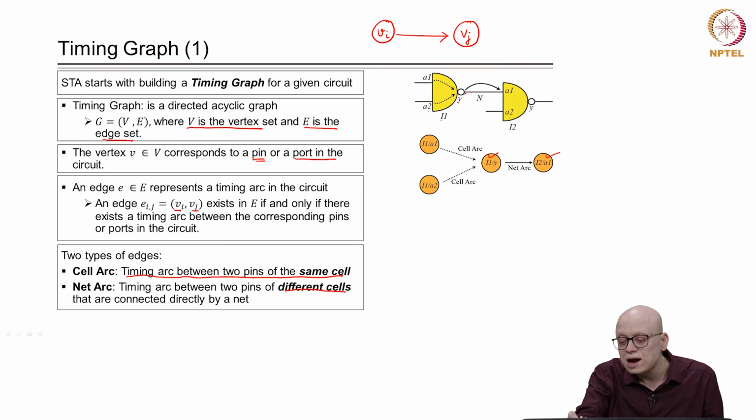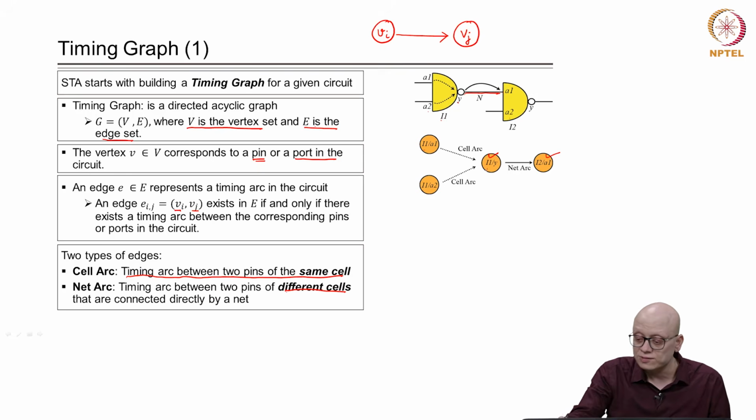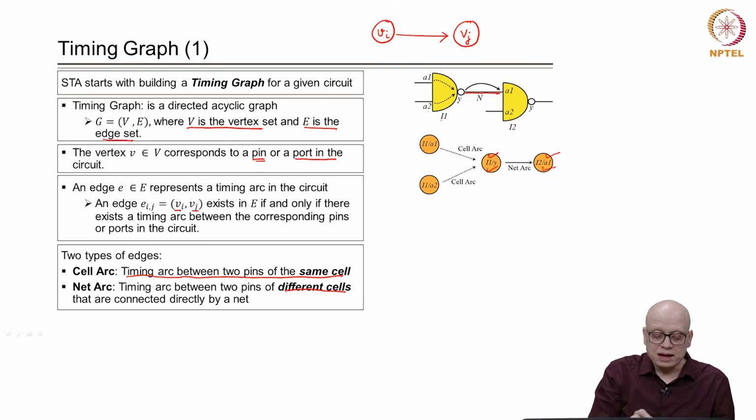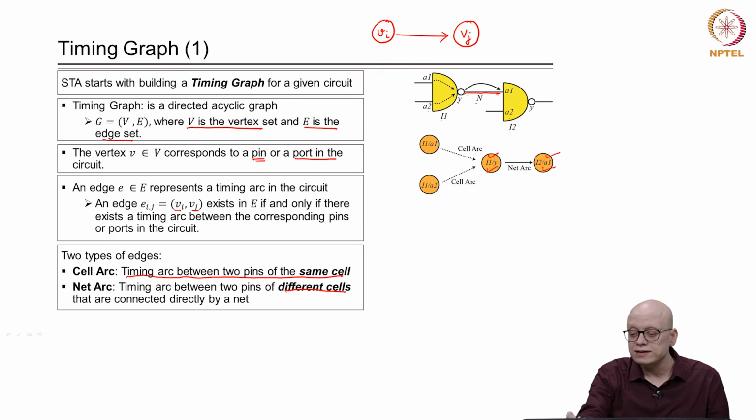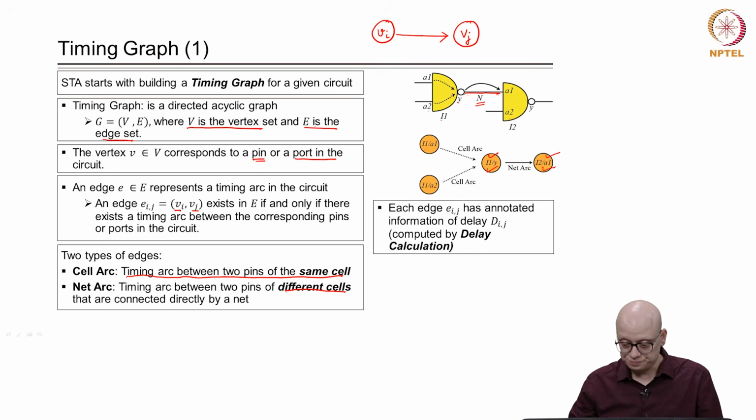This arc is known as a net arc, because this is external to the cell, it is not within the cell, but outside the cell. So, a net arc is a timing arc between two pins of different cells, that are connected directly by a net. In this case they are directly connected by the net N. So, this is how the timing graph will be made for this small portion of our circuit.